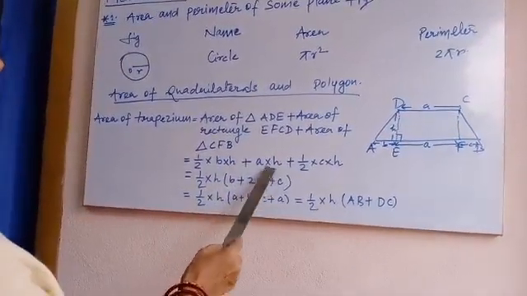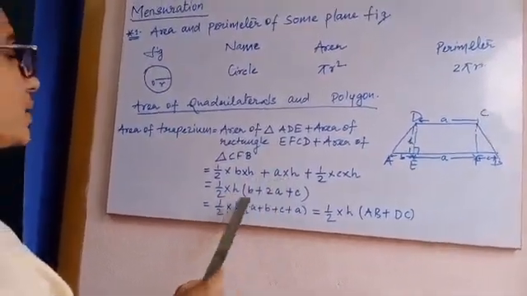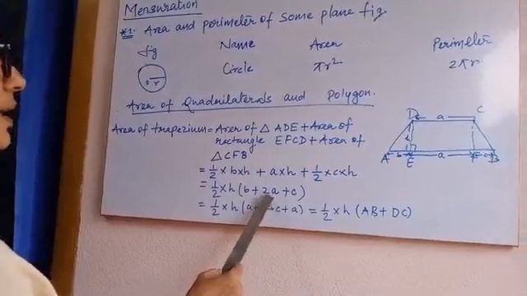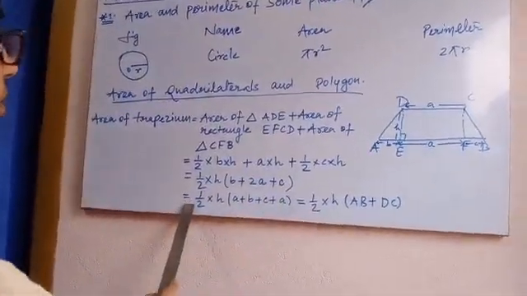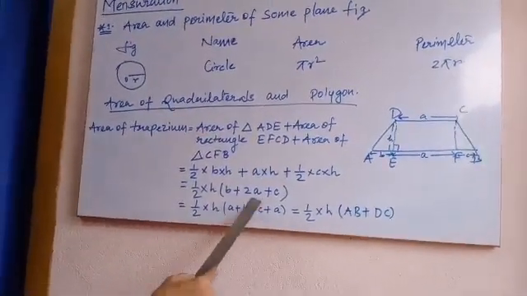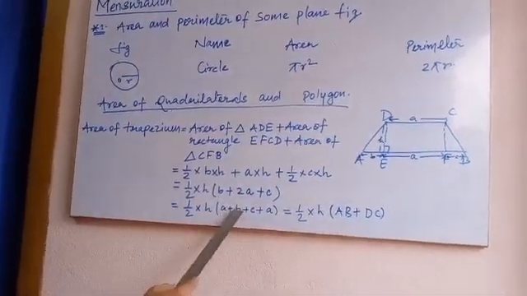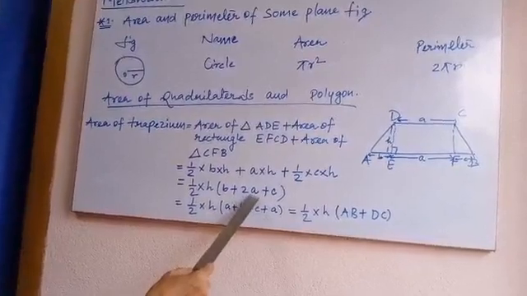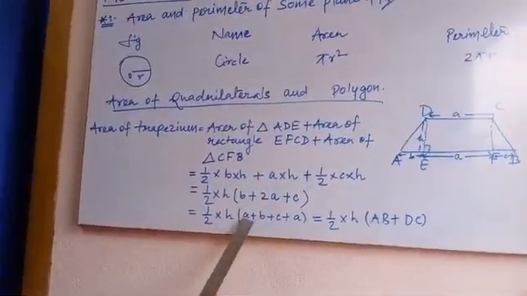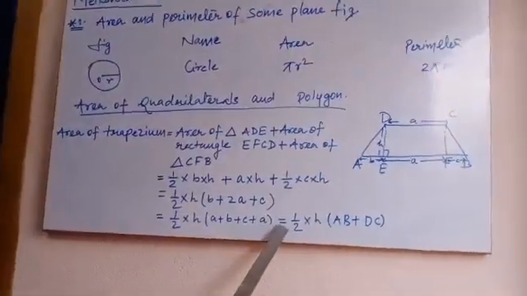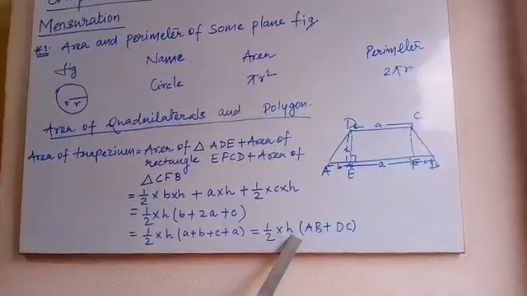Then we get 2A plus C, equal to 1 by 2 h (A plus B plus C).